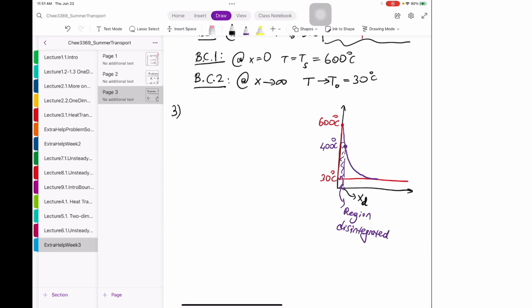What's given is basically, I don't need to write down the given numbers. It's all given to you and you know them. Let me write down the formula: T minus Ts divided by T0 minus Ts. This is the formula that we derived. Let me show you where we derived it.